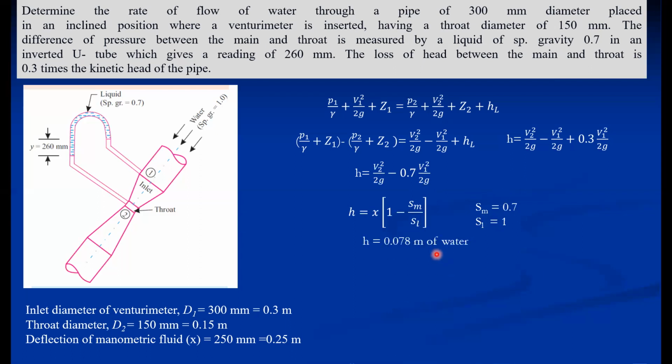So you can calculate H; as the flowing fluid is water, it is in meters of water. So this H value is known to us.